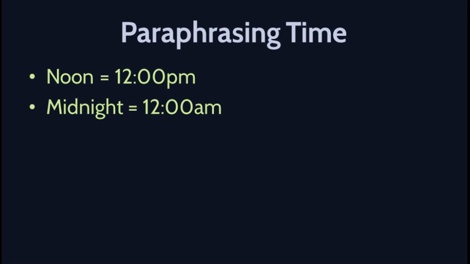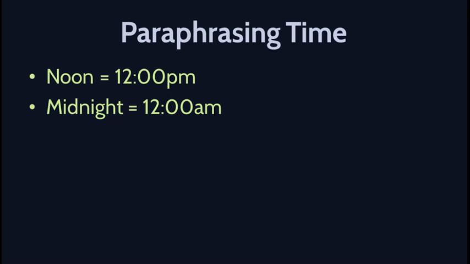And then a couple of special times. 12 o'clock p.m. can be said as noon, and 12 o'clock a.m. can be said as midnight. Be careful with the a.m. and p.m. there. Notice that p.m. is the afternoon. a.m. is the start of the morning, the middle of the night.